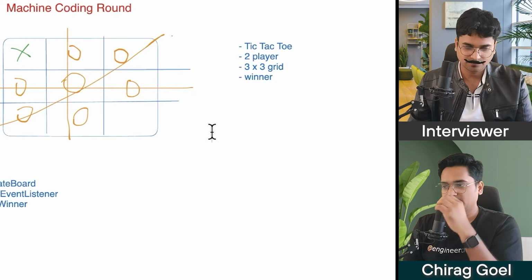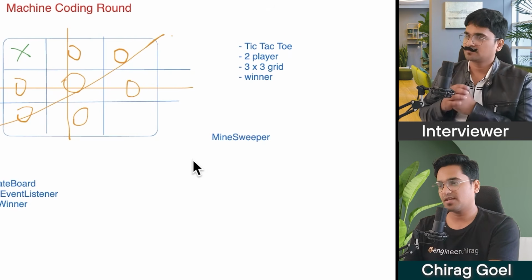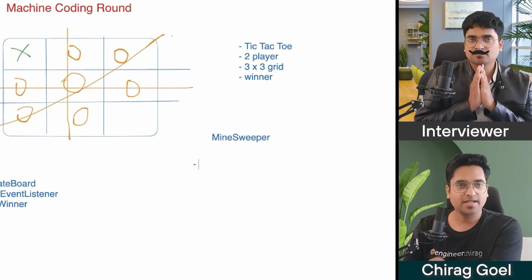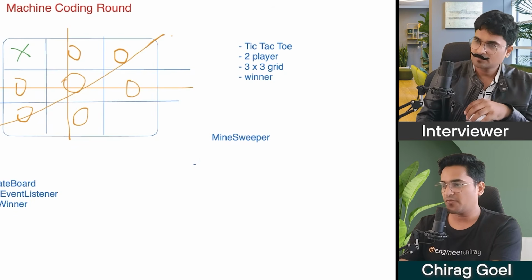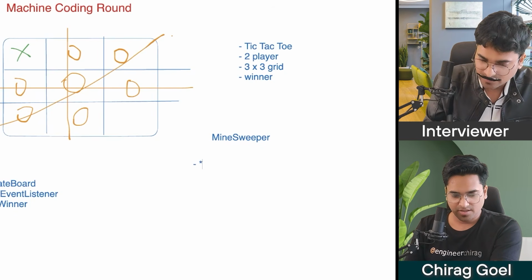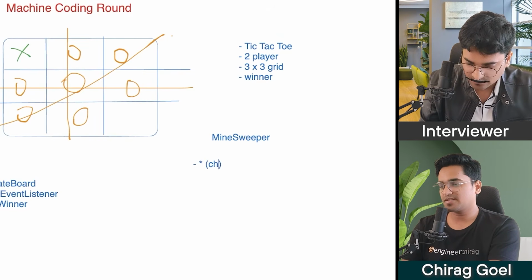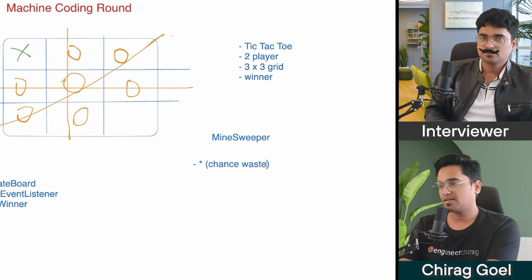Okay, so Minesweeper. So we are going to add Minesweeper logic in this. Okay, I get your point. So basically you're saying if you have a star, then your chance is wasted.